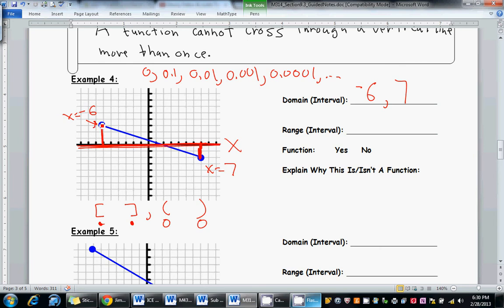So, on my graph here, both of these are closed circles. So I go bracket -6, comma 7, bracket. This tells me that -6 and 7 are included in my domain. And I know they're included because I have closed circles here.